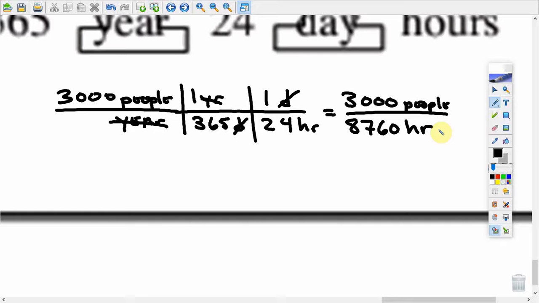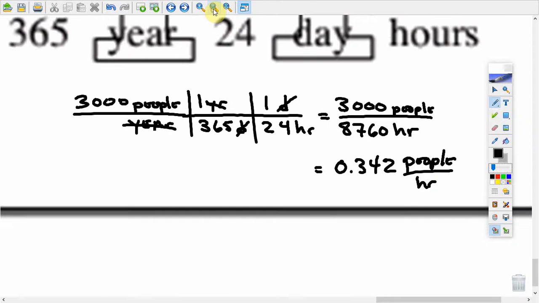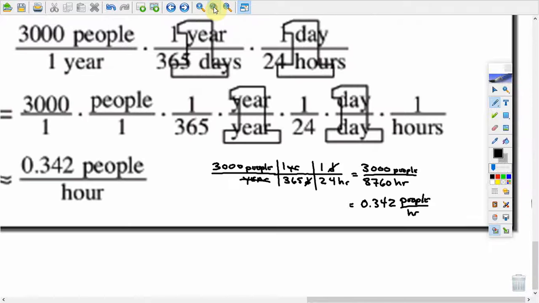And then we say 3,000 divided by 8,760, and we get 0.342 people per hour, which hopefully, again, is the same thing that they got, which it is. Okay?